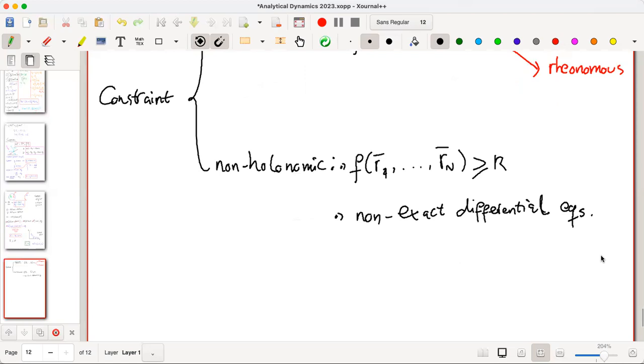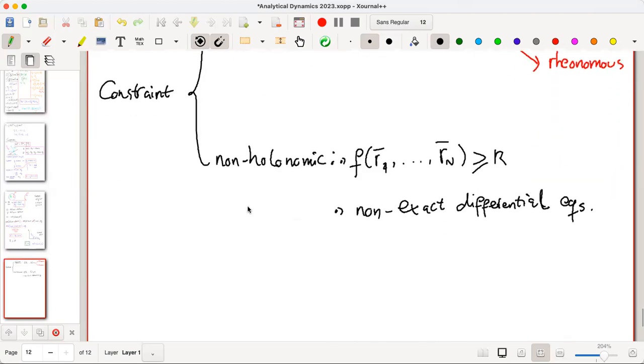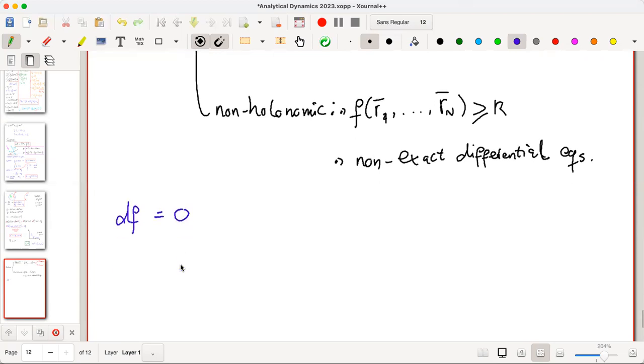Now, if you have a holonomic constraint, obviously you can take the differential of the function. So we have df equal to 0, right? Now, f is a function of r and t. Suppose that it is rheonomous; in general, it is rheonomous. So it's a function of multiple variables.